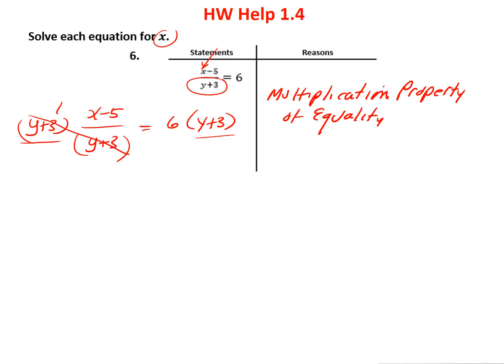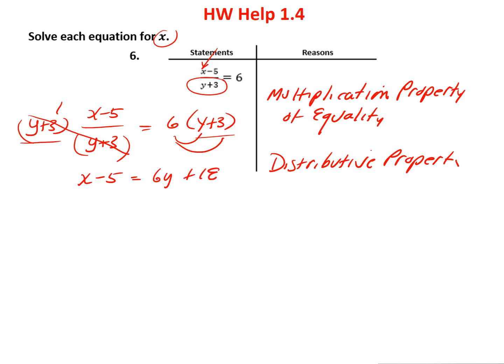That's what we were trying to get rid of. And so I just have my x minus 5. Here we're going to have to do a distributive property. 6 times that. So I have 6 times y plus 6 times 3, plus 18.